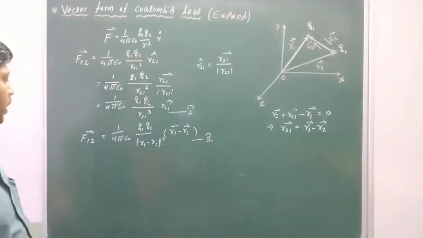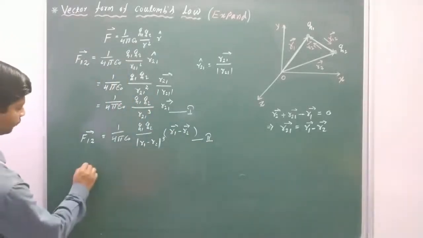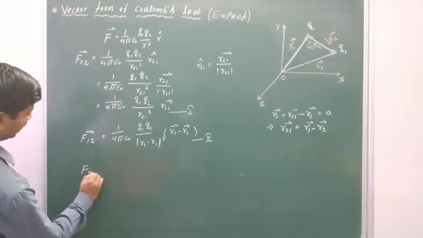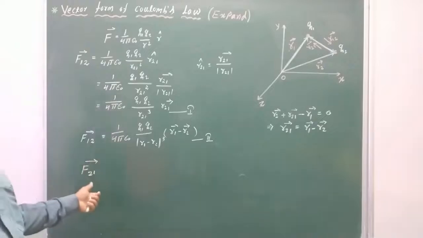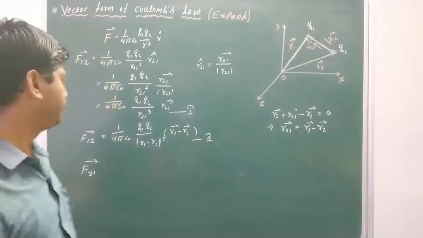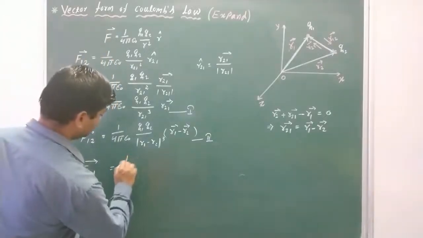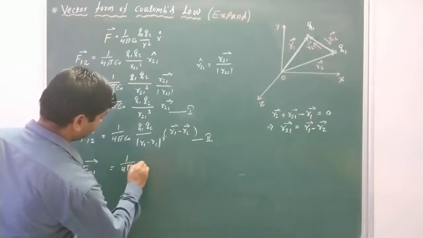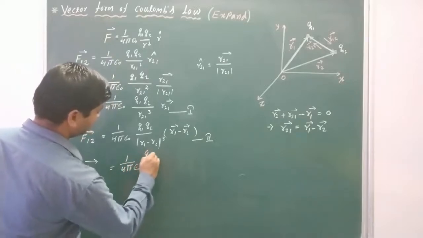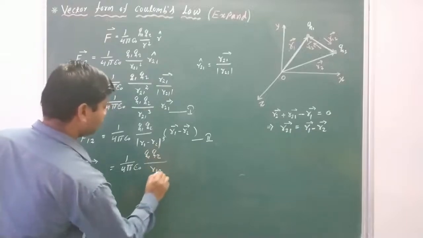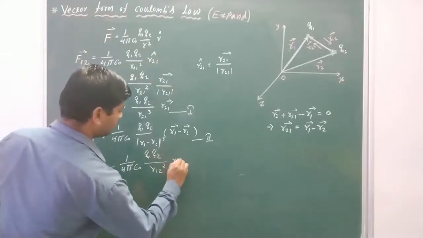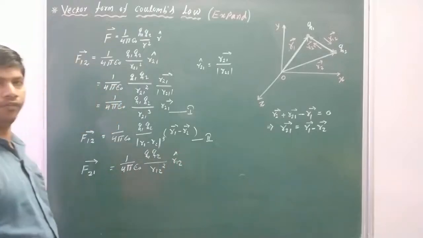Similarly, if I am going to apply the force on the second due to the first, the force on the Q2 due to the Q1 is given by 1 by 4 pi epsilon naught Q1 Q2 by R12 square into R12 cap.